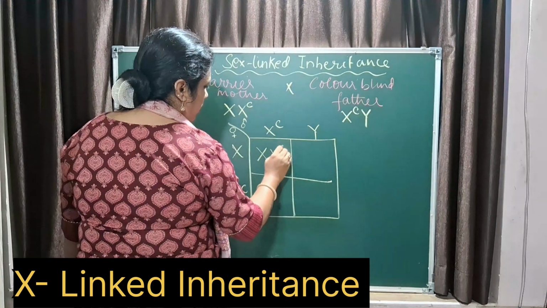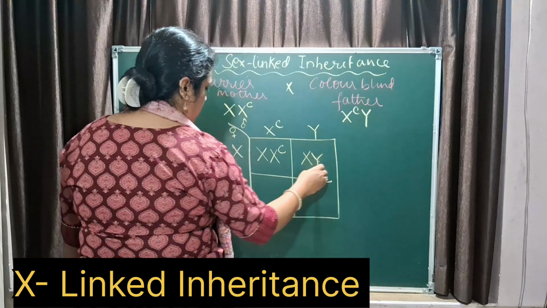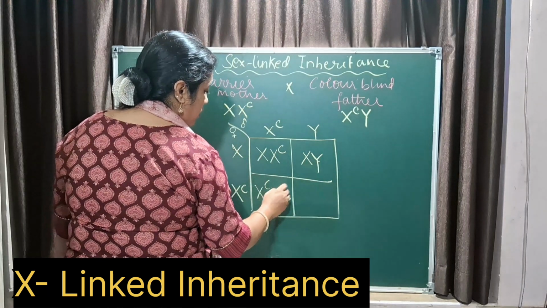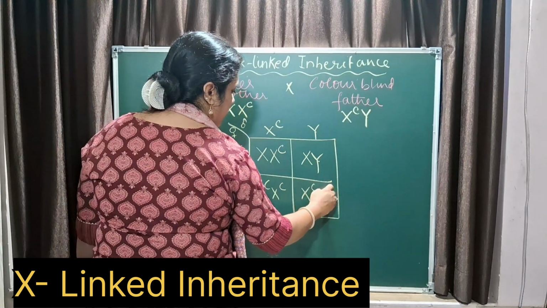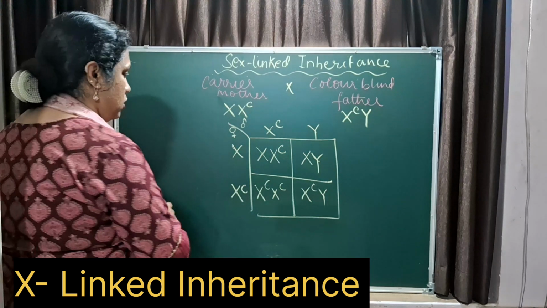That is a carrier daughter, a normal son, a color blind daughter and a color blind son. Okay. So, what do you get?